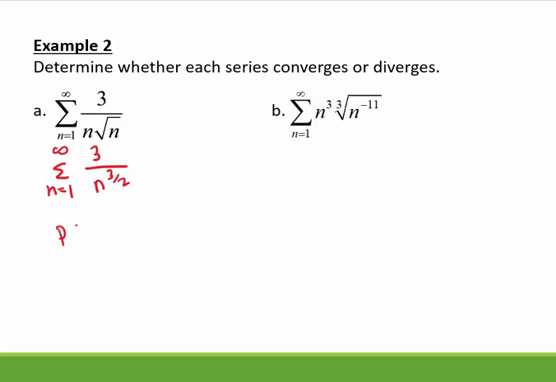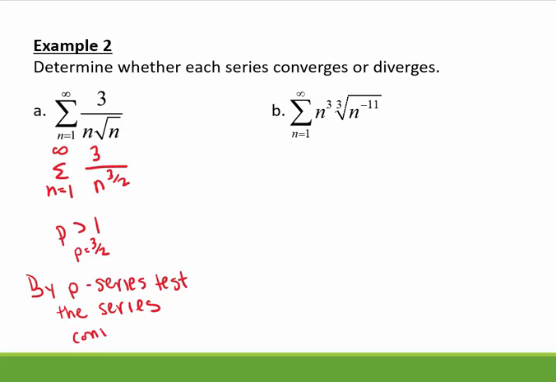Since P equals 3 halves, and 3 halves is greater than 1, by our P-series test, the series converges.